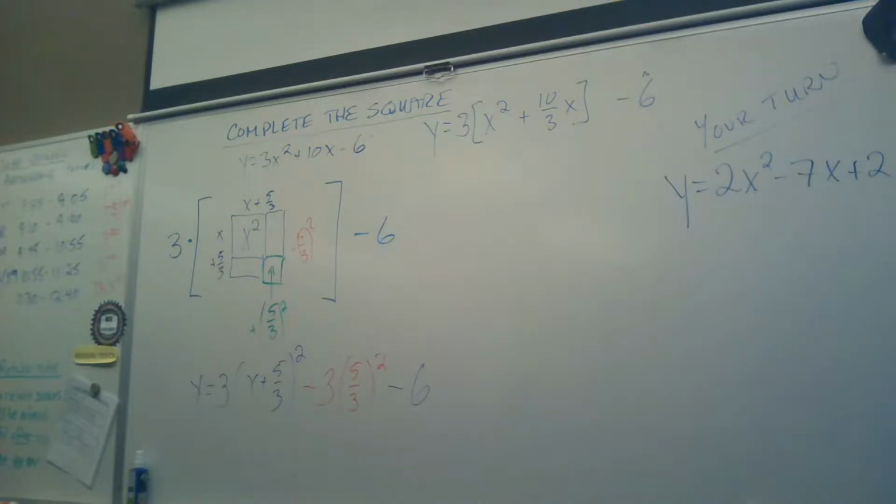So you're going to take half of that, but then you have to take a half for each square, right? Because remember, divide by 2 is the same as multiply by a half, so 7 halves.